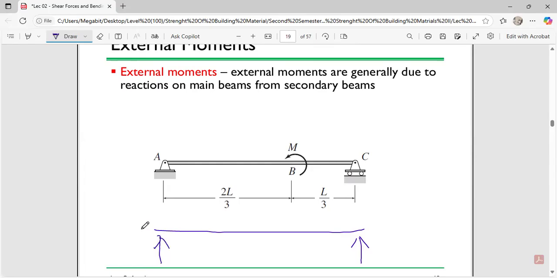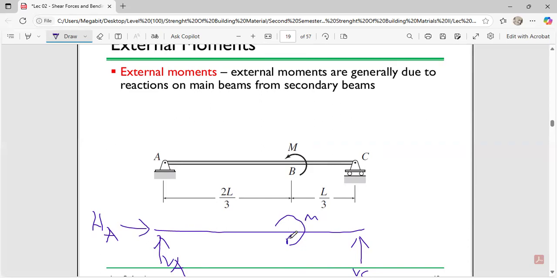So this is going to have two reactions: your horizontal force at A, and your vertical force at A. This can also be your vertical force at C. Then you can indicate your moment.